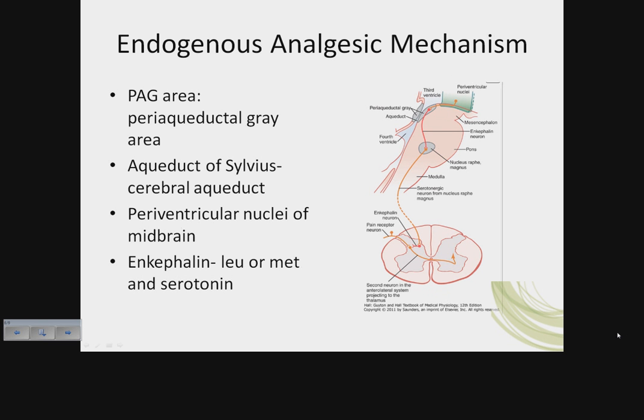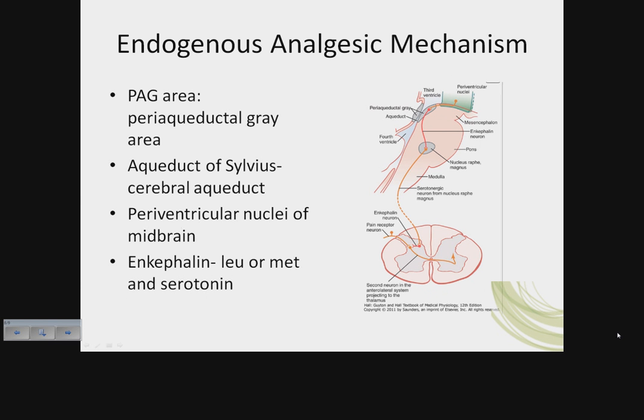Several transmitter substances are involved in the analgesia system. Especially involved are those enkephalins that I just told you about, and serotonin. Many nerve fibers are going to be releasing enkephalin from their endings.